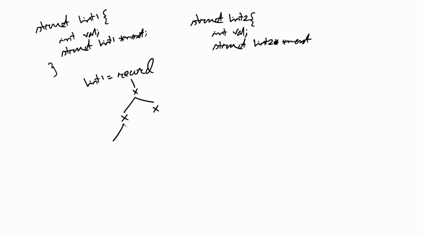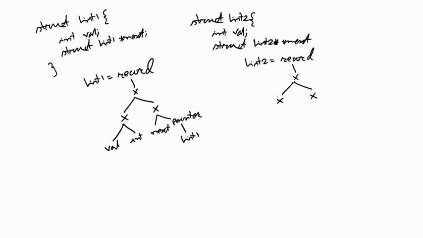One is integer value, and here I have next, which is a pointer to list1. And list2 is a record with two parts, one is value integer and the other part is next, a pointer, but a pointer to list2.